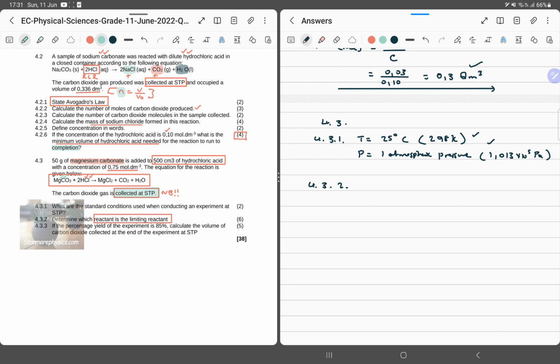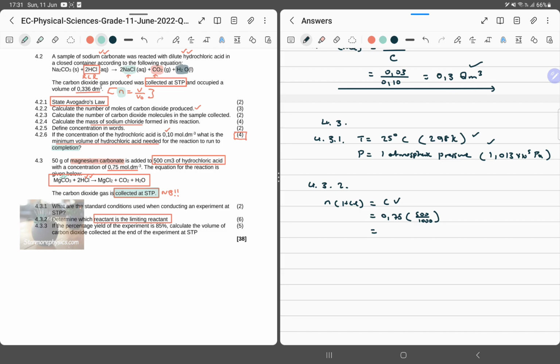Let's start with the number of moles, because what we need is the number of moles. So to start this one, we're going to calculate the number of moles of HCl. It's going to be basically n = CV, concentration, which is 0.75, times the volume, which is 500 over 1000, because we need to convert it to decimeter cubed.